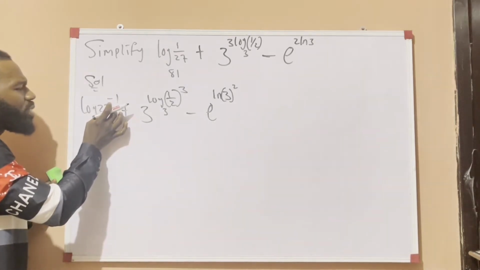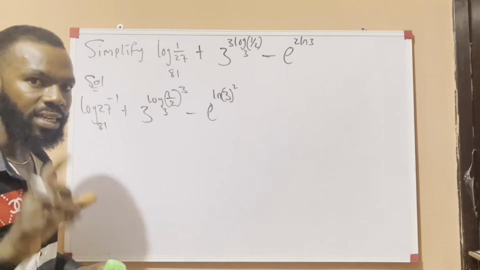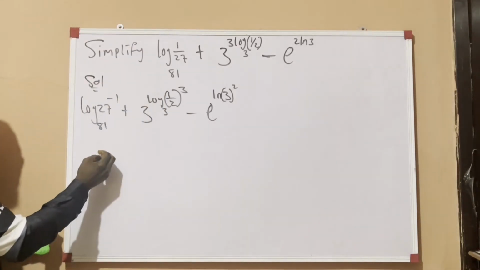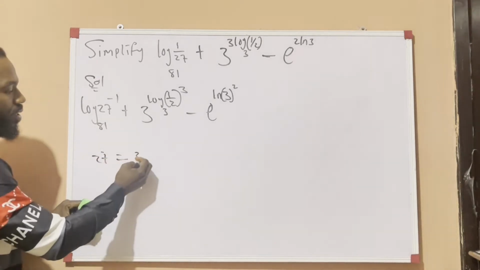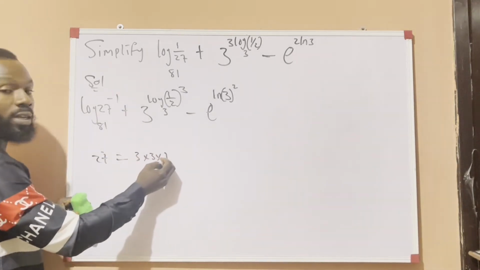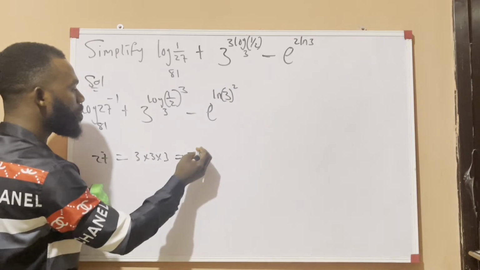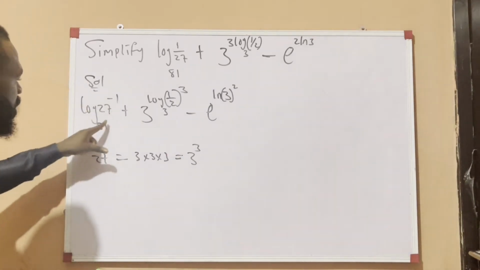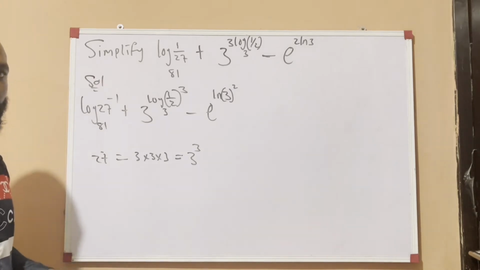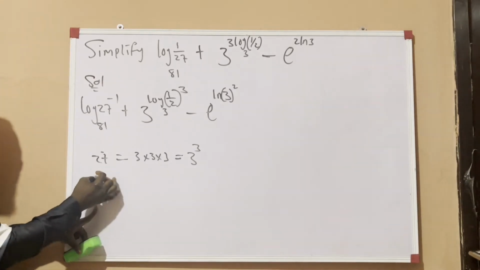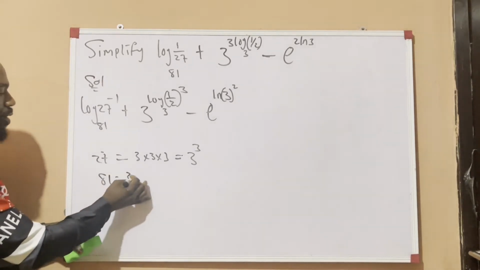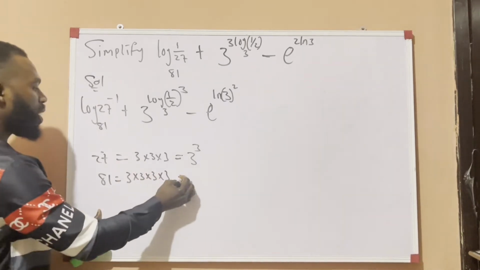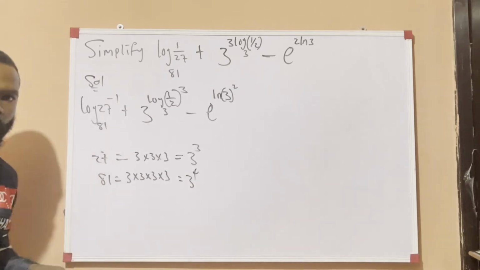Now let's proceed. I have 27, I have 81. I can make 27 and 81 have a common base, and that base is 3. If I convert 27 to base 3, it means 3 times 3 times 3, and in index form, it means 3 raised to the power of 3. So in place of 27, I will give 3 raised to the power of 3, and 81 simply means 3 times 3 times 3 times 3, which in index form means 3 raised to the power of 4.